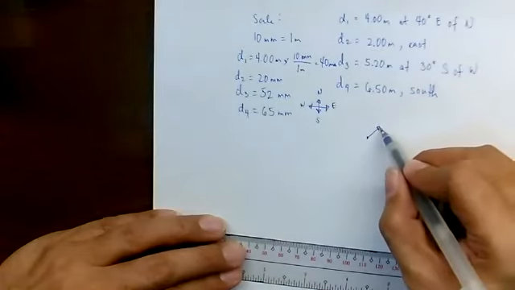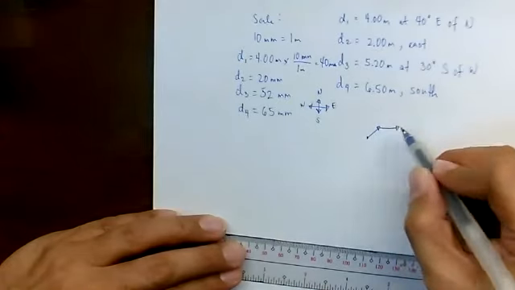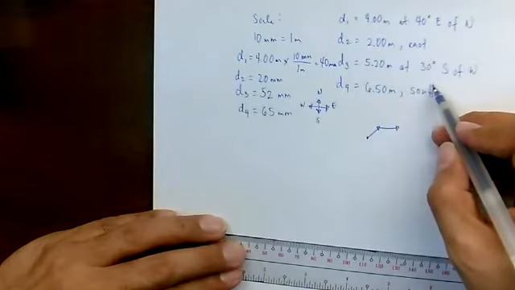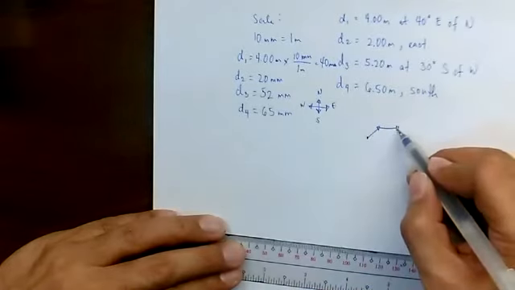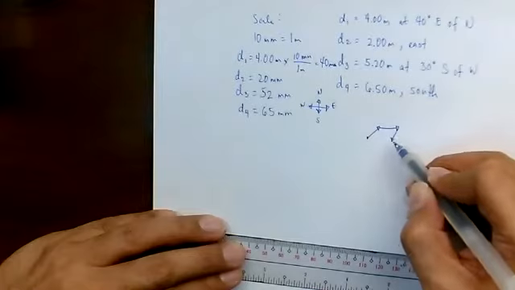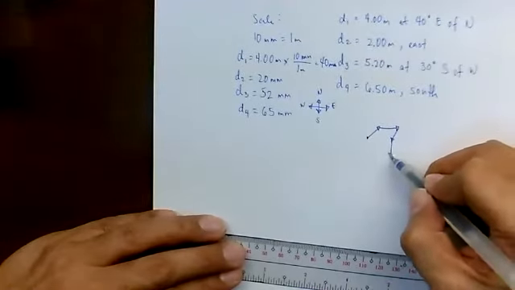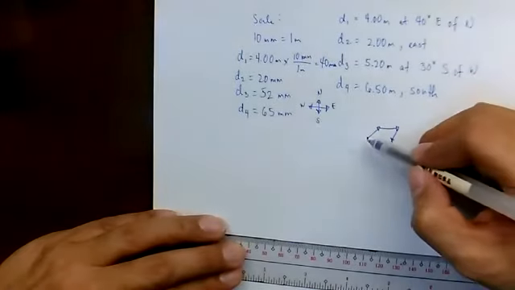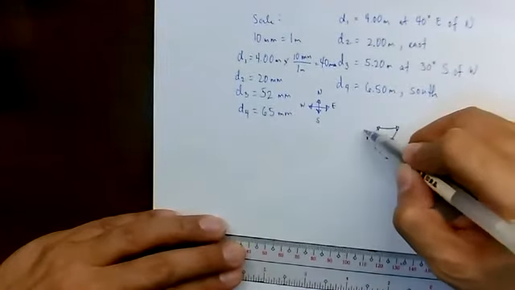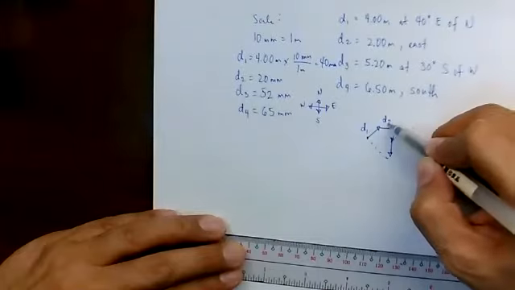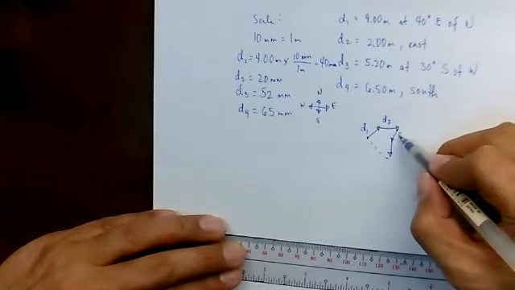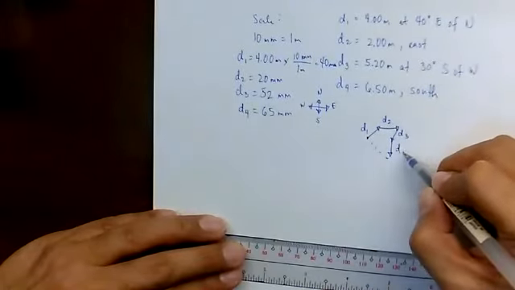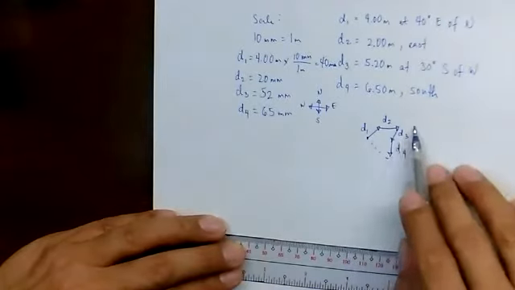And then east to the right. And then south of west. And then south, it would go down like this. Then we connect, and somehow our vector would look like this when you join them head to tail: D1, D2, D3, D4.